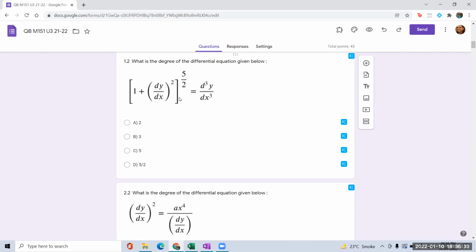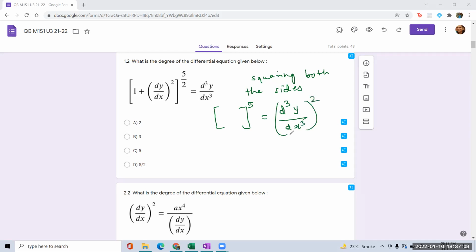But then you have to first simplify this differential equation and then find the power. So for simplification, let me just solve it. To simplify, we square both the sides. Squaring both the sides, on the left hand side it will be this square bracket raised to 5, and on the right hand side you will get d3y by dx cube bracket square.